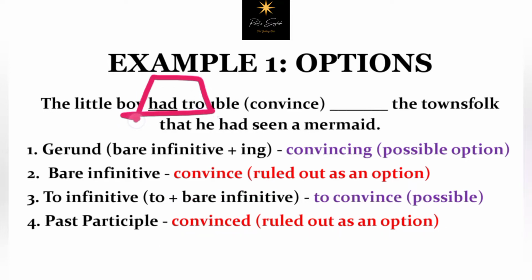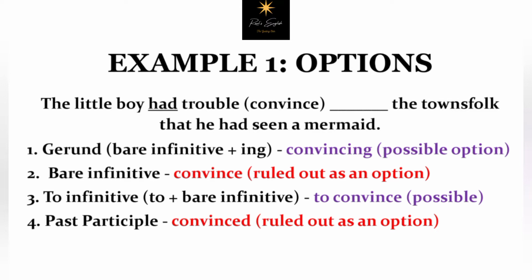Trouble. We already have had. Suppose I were to insert convinced over here, that would act as a verb and change the tense of the sentence. Remember, gerunds and infinitives are not supposed to change the tense of the sentence. They are only supposed to indicate or give a hint about the activity. That's all.